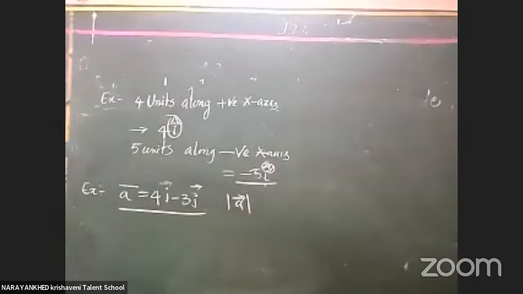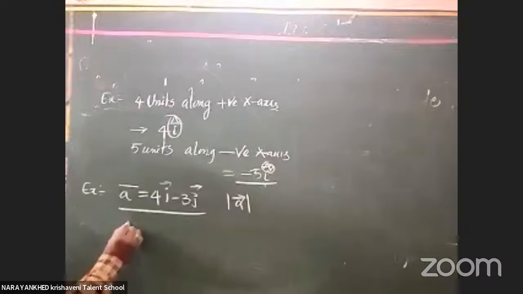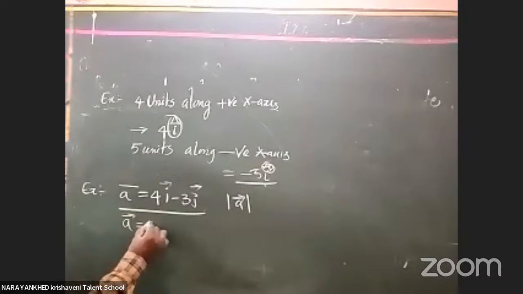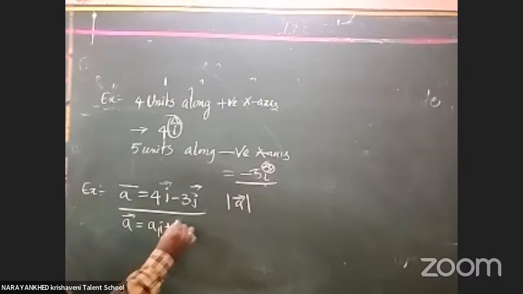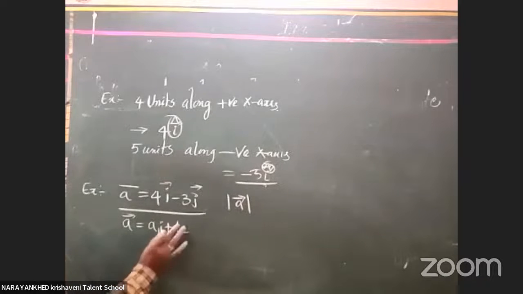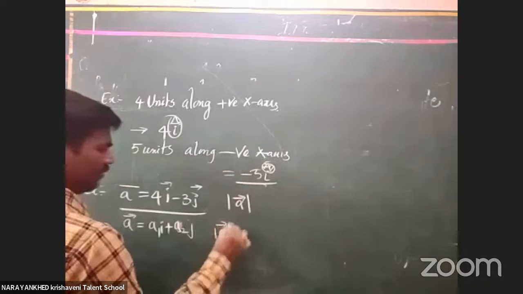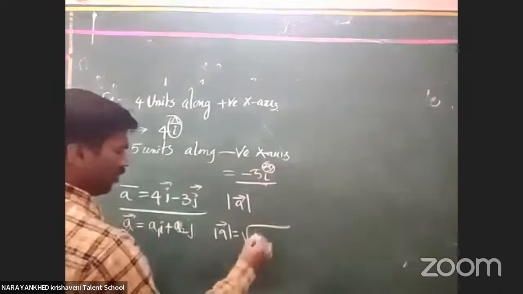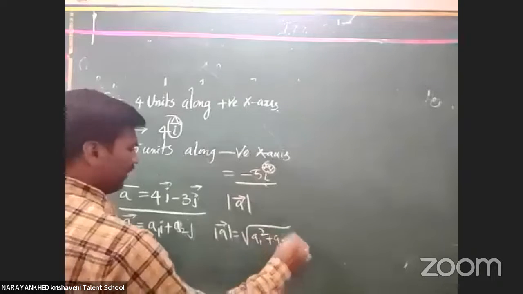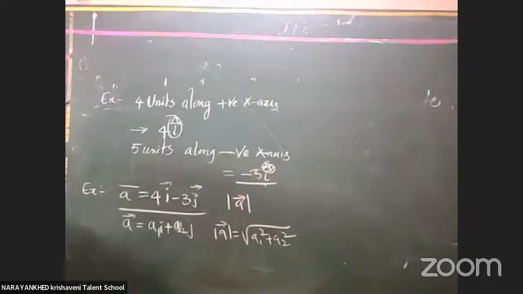How do we find the modulus? Suppose one vector A bar is written as A1 î plus A2 ĵ. The modulus is the square root of A1 square plus A2 square.